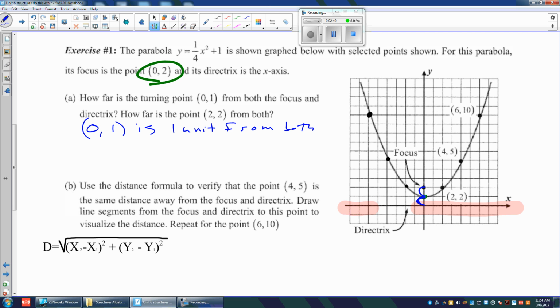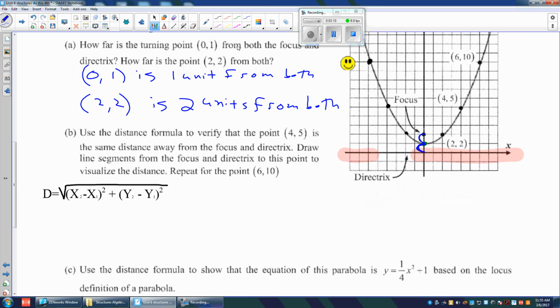And what about the point (2, 2)? It is up 2, and it is also over 2, so it is 2 units from both.